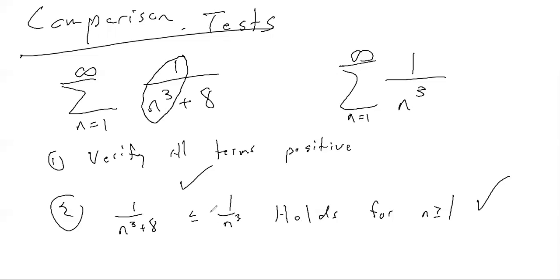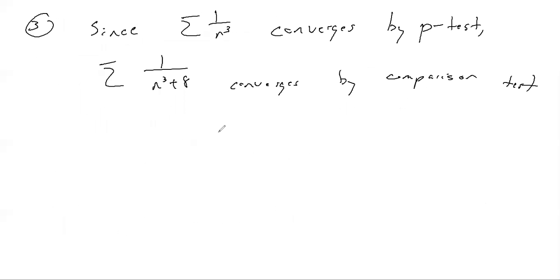This second condition in particular we have to be careful with, because remember what I said in the lecture, that sometimes this inequality won't hold. It'll be going the wrong way, and that tells us we need to use the limit comparison test, not the comparison test. So this second step is very important. Once we have these two conditions, we can conclude by the comparison test our series converges.